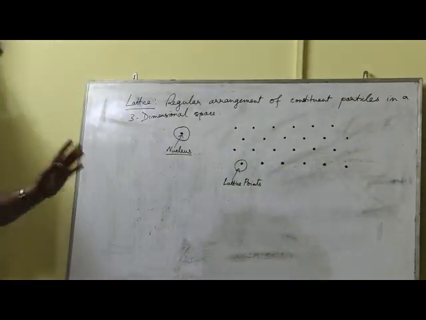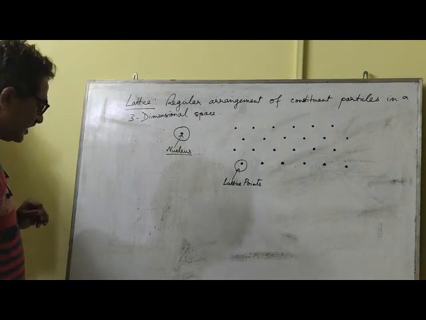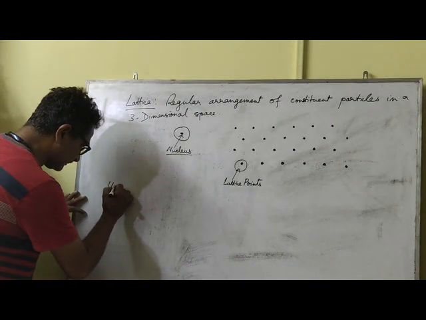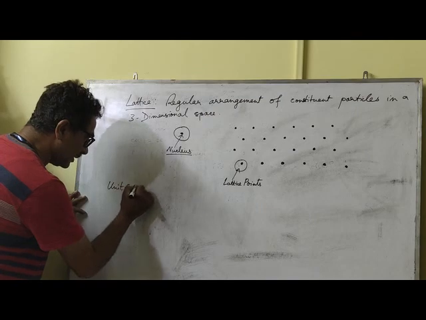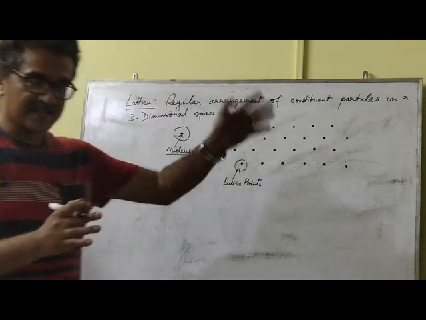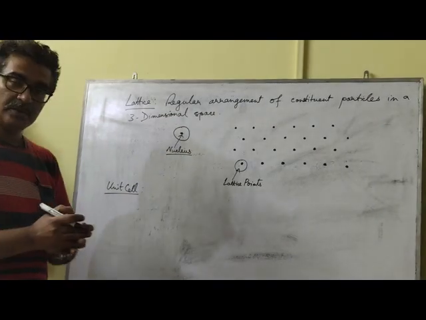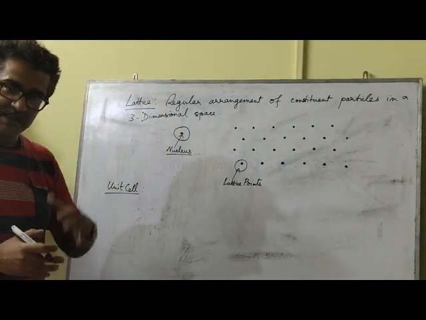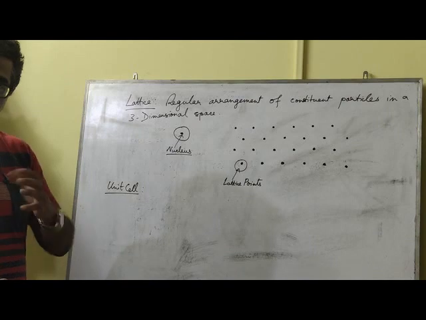But before getting into that concept, let us first understand what a unit cell is. You see, the unit cell is the fundamental building block of a lattice. So, before getting deeper, let me define what a unit cell is.